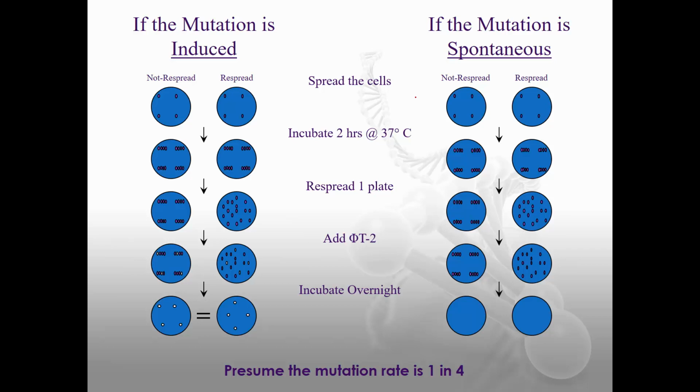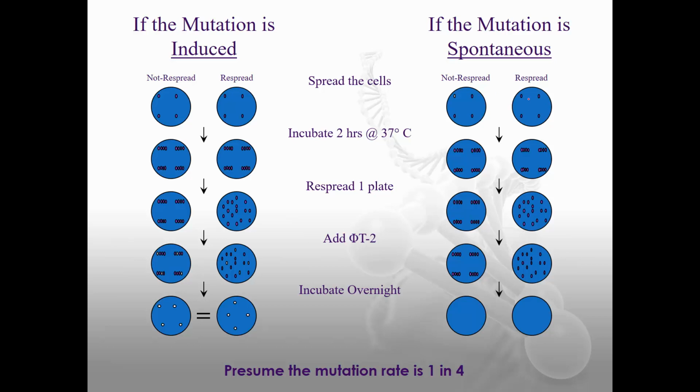So what are the odds that of these 4 cells, one of them is a mutant? Well, if the mutation rate is 1 in 4, then of these 4 cells, one of them should be a mutant, because we were growing these cells up before we put them on the plate.